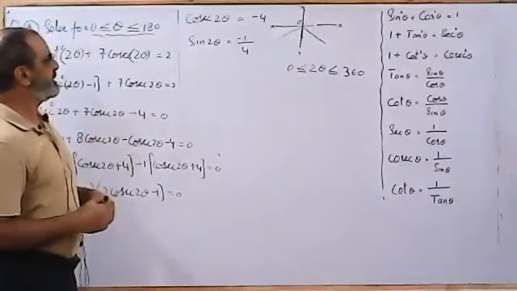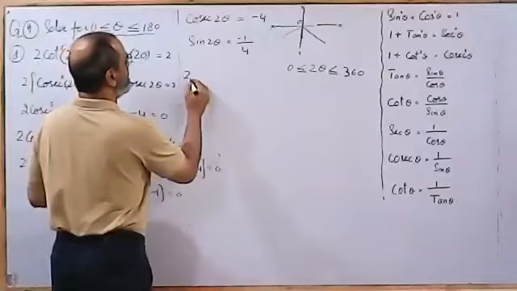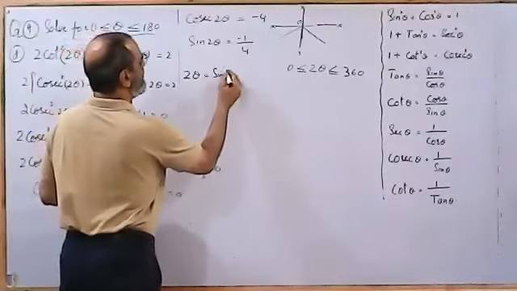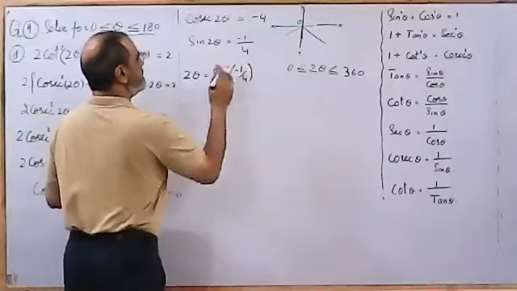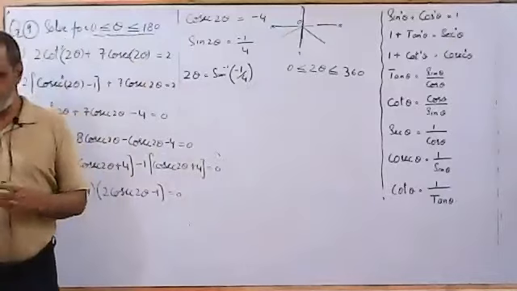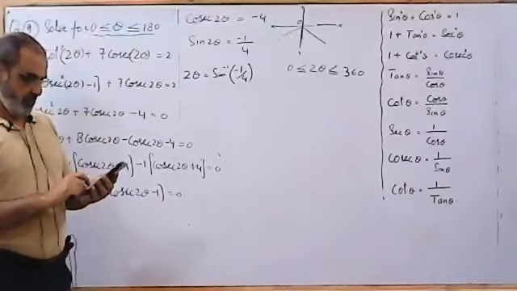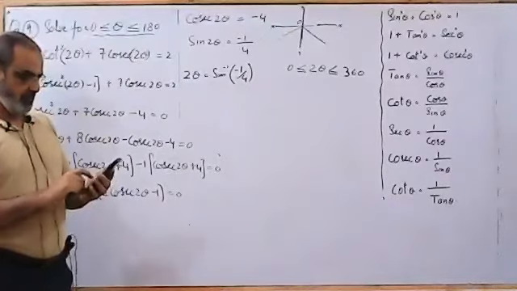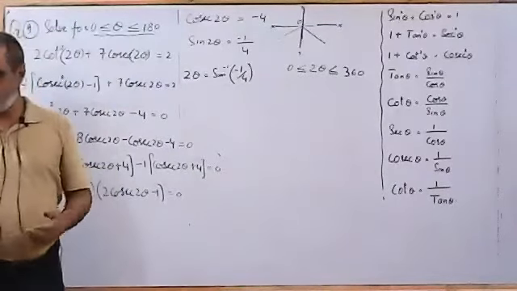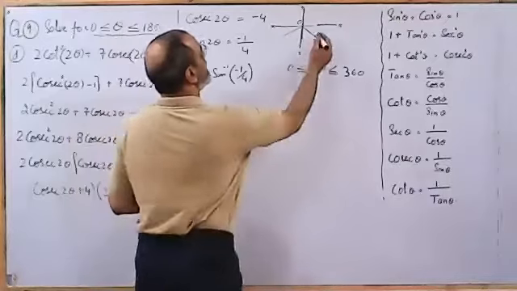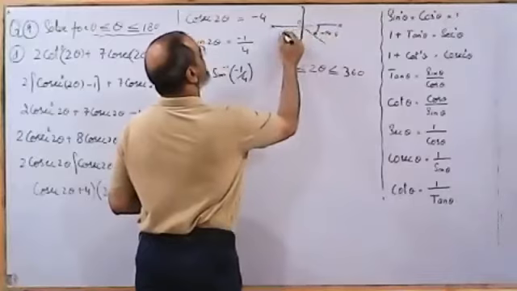So sine 2 theta is equal to minus 1 by 4. So 2 theta will be equal to sine inverse of negative 1 by 4, which is equal to minus 14.5. This minus 14.5 is the base angle. The other angle is also 14.5.